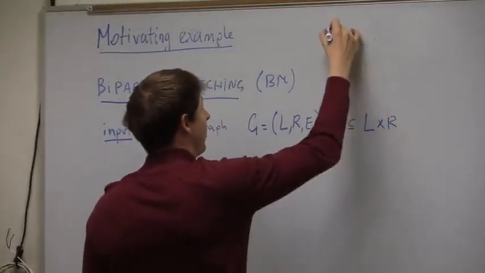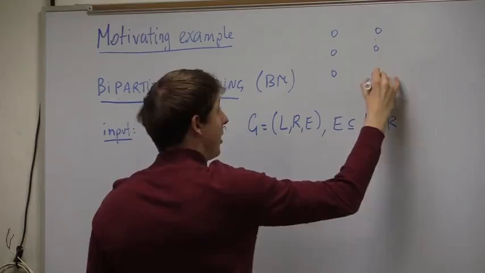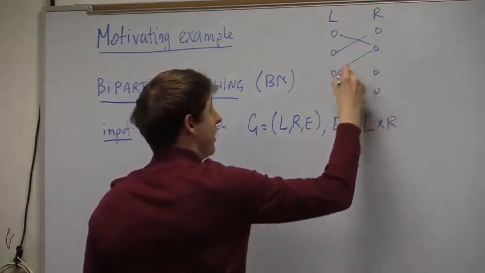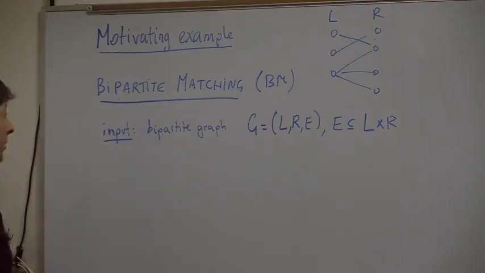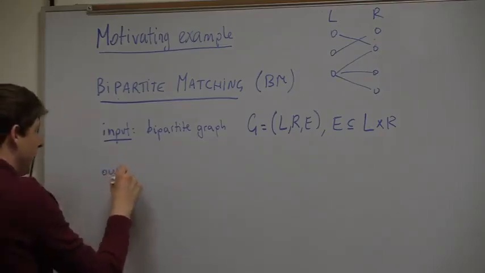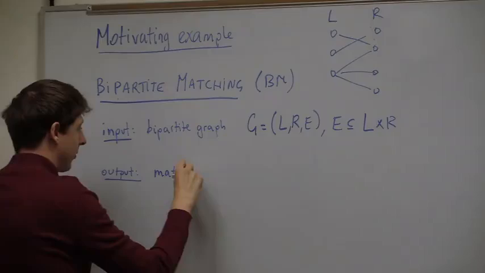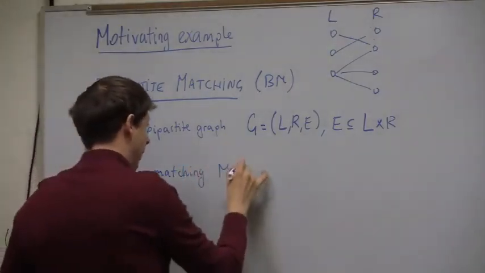So the picture you should have in mind is that you have some number of left vertices and some number of right vertices, and there are edges only between left and right, but not within left or within right. And we want to find a matching M. So what is a matching?